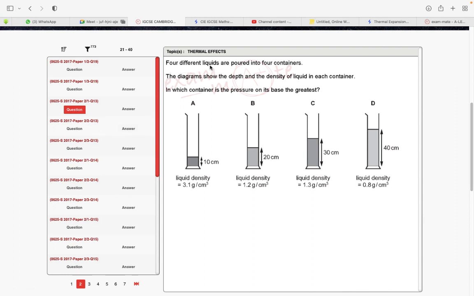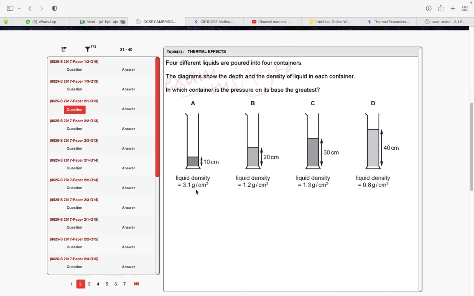Okay, this one. Four different liquids are poured into four containers. The diagram shows the depth and the density of the liquid in each container. In which container is the pressure on its base the greatest? So they have their density, right?